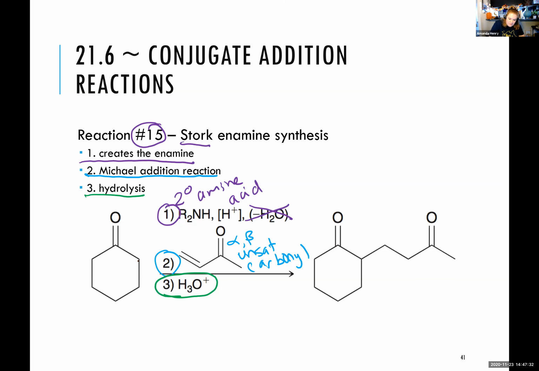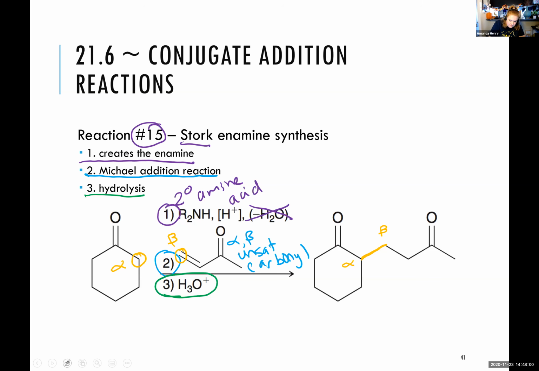Here's where we're actually forming the reaction. This alpha carbon on our ketone is going to form a new bond to the beta carbon of our alpha beta unsaturated carbonyl. So it's the same thing we saw in our Michael reaction. This right here is our new bond going from the alpha to the beta.